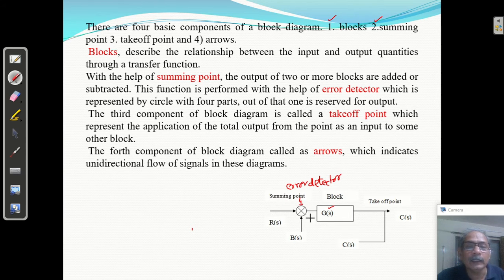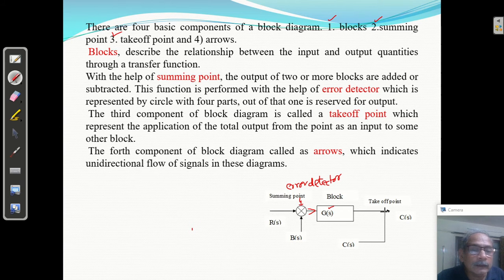In this summing point we have 4 terminals available. Clear? You can use 3 of them, 1, 2, 3, for incoming signals, and 1 is reserved for output. Out of the 4, 1 is reserved for output, and you can give a maximum of 3 inputs. So this is called the error detector or summing point. Third is the takeoff point.